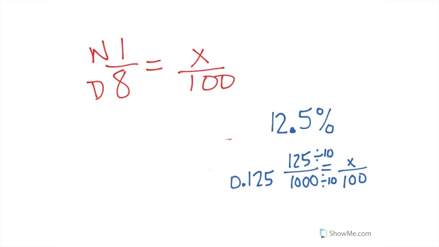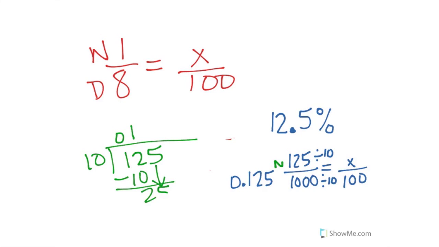So I'm going to go ahead and divide. The numerator, 125, divided by 10. 10 can go into 1, 0 times. 10 can go into 12, 1 time. 10 can go into 25, 2 times.